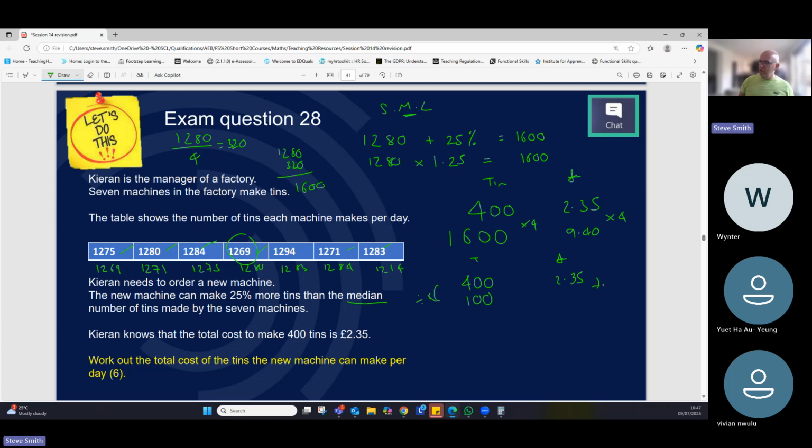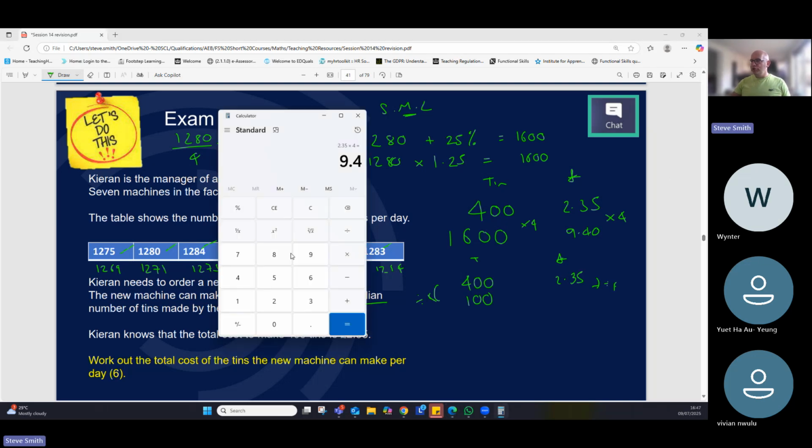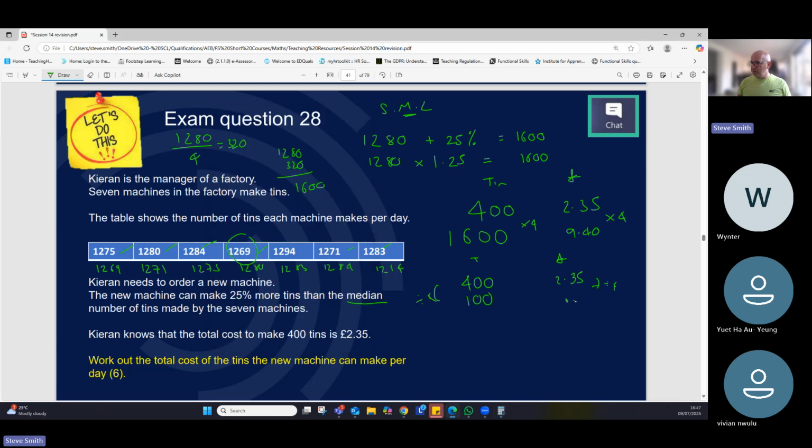So I need to divide that number by 4. £2.35 divided by 4 is 0.5875. Once we got to our 100, I need to get to 1600 because that's how many tins they're going to make. Now I've got 100, I times it by 16. So I need to times that number by 16.